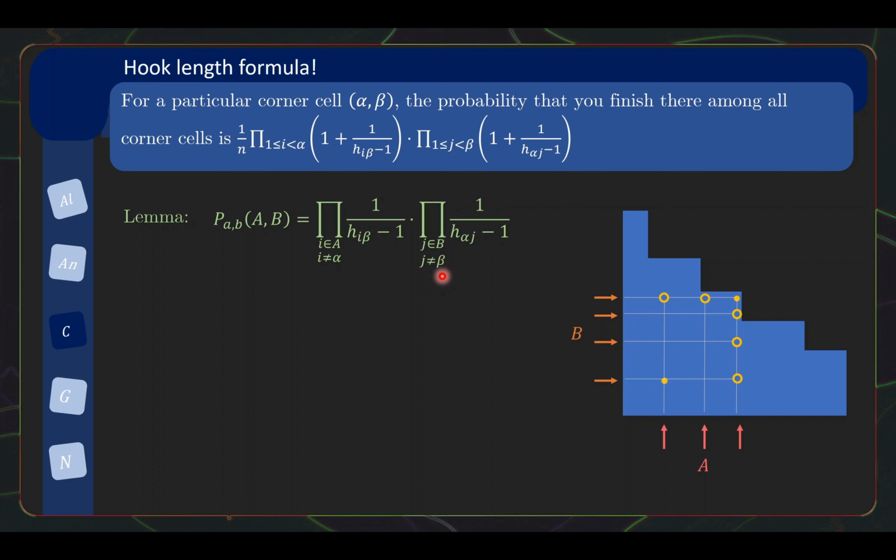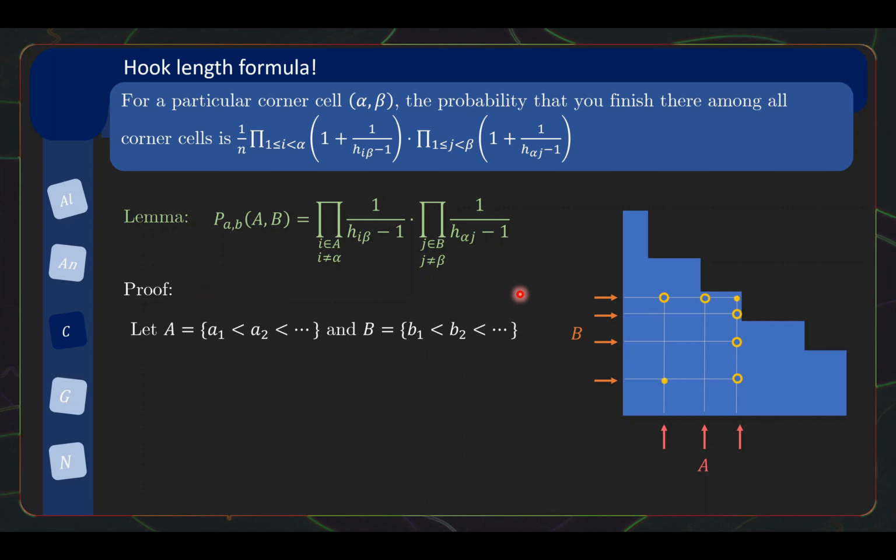So we are going to be taking the product of 1 over hook length minus 1 as it varies across these points over here. Okay, it's a bit complicated, but let's take a look at the proof of this lemma.